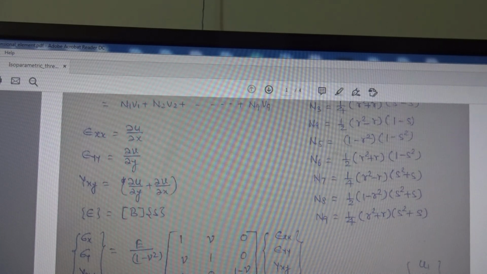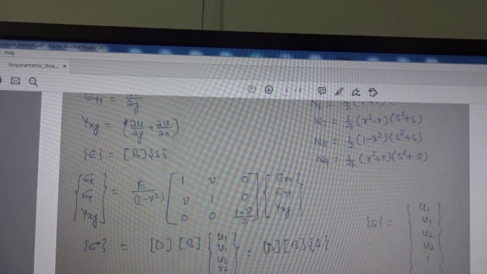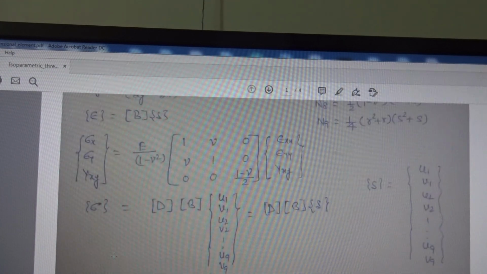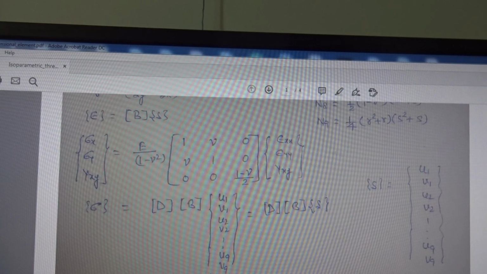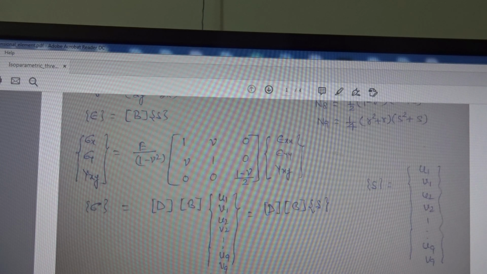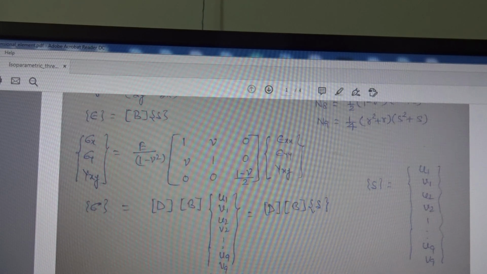So you can get the element stiffness matrix: K is equal to t, integral from -a to a and -b to b, of B transpose D B dx dy.